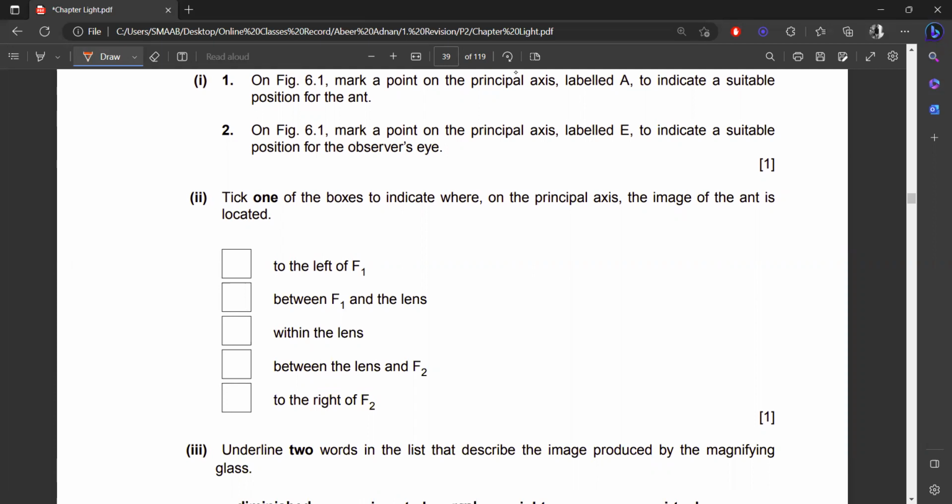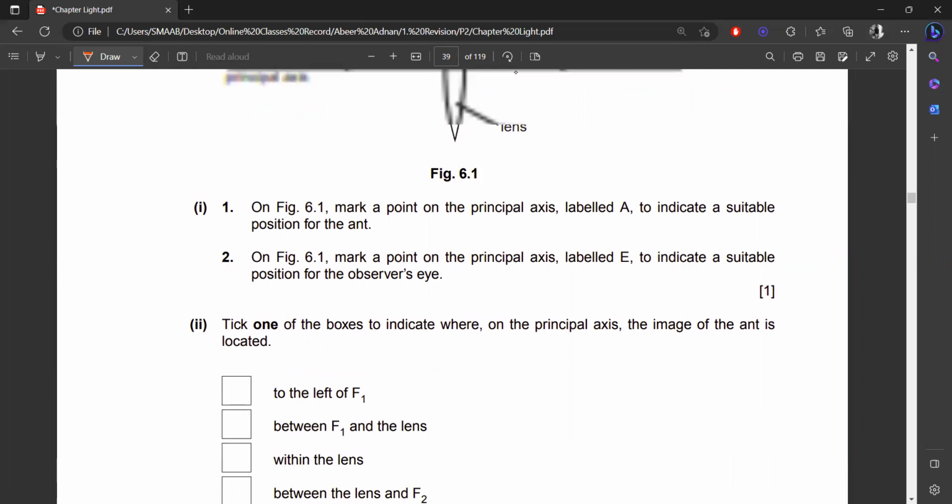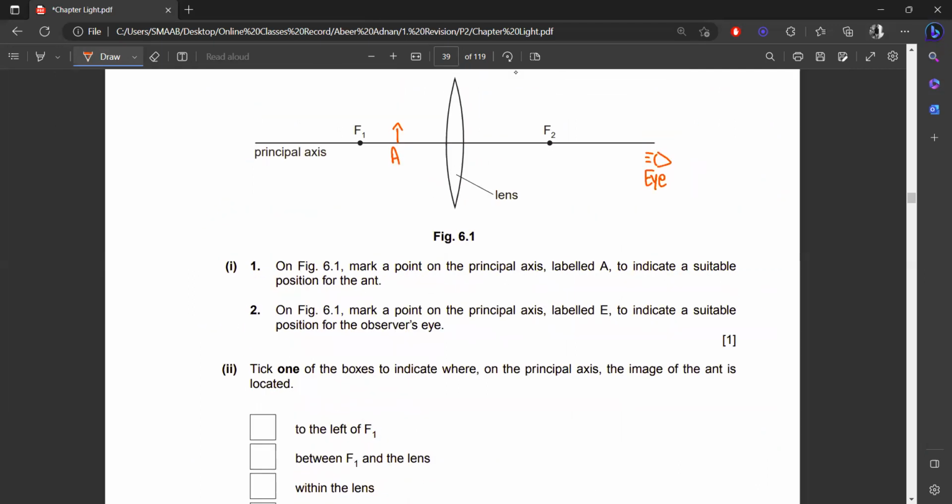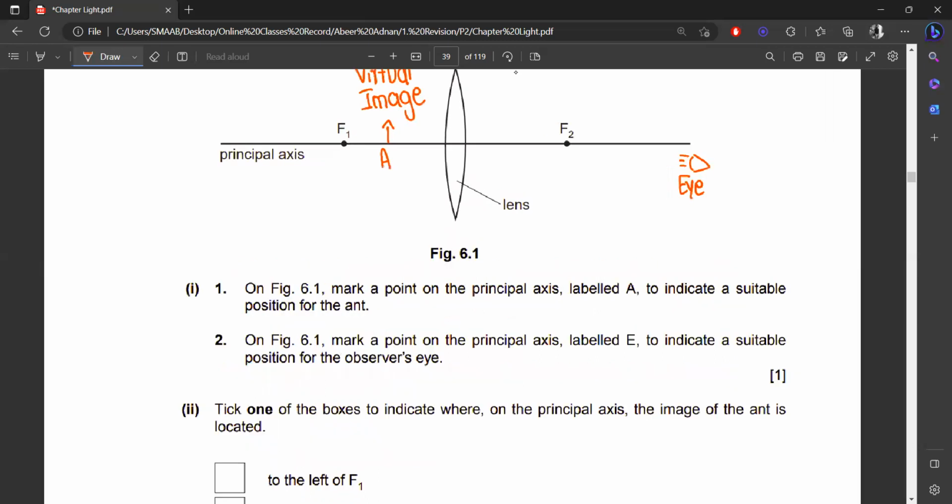So we have to tick one box: to the right of F2, or to the left? Because we place the object between F and the lens, in this condition we get a virtual image on the same side, because we have to observe it magnified.